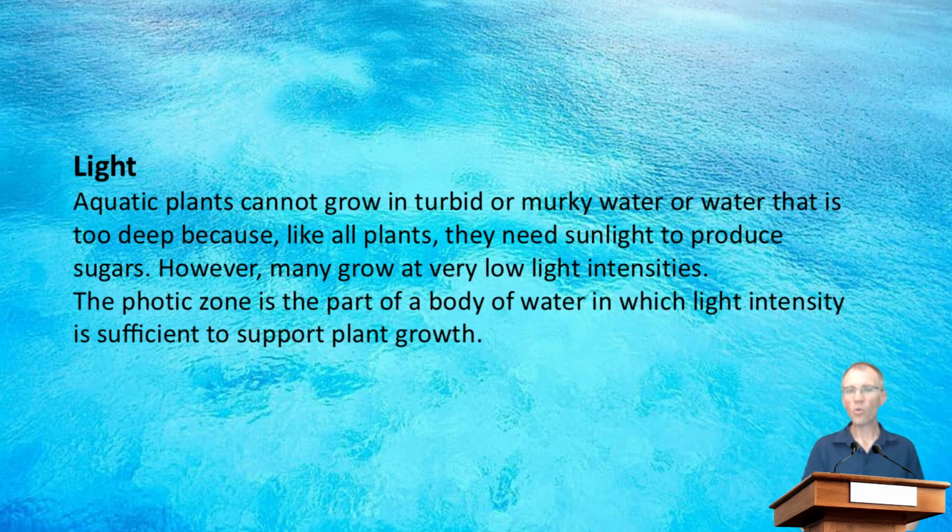Light. Aquatic plants cannot grow in turbid or murky water or water that is too deep because, like all plants, they need sunlight to produce sugars. However, many grow at very low light intensities. The photic zone is the part of a body of water in which light intensity is sufficient to support plant growth.